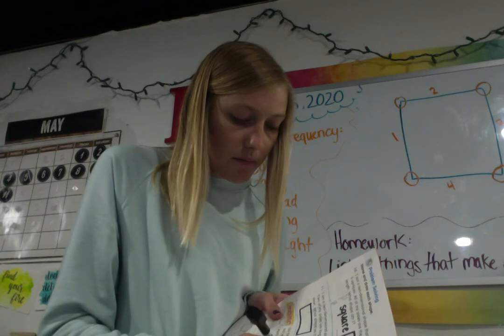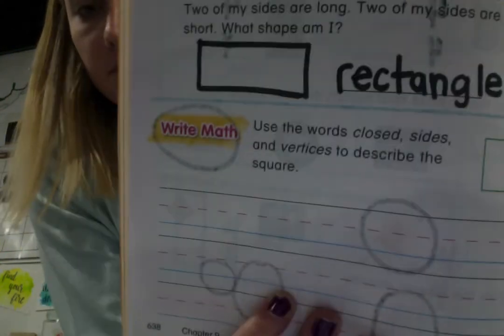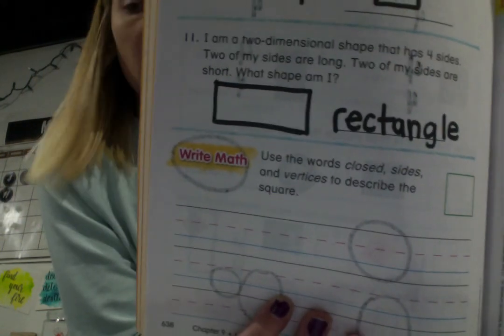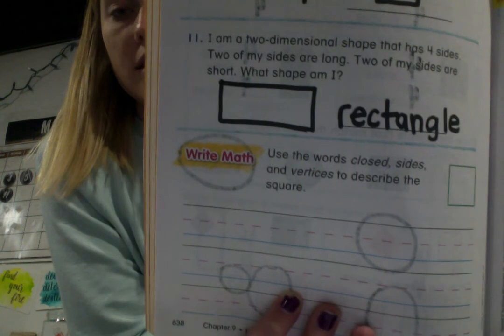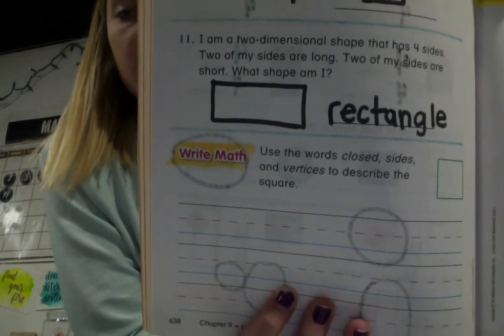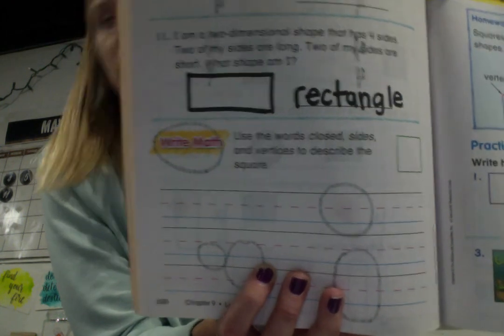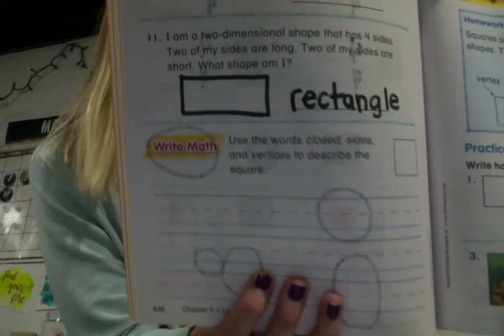Rectangle. It's kind of a long word, but you can go ahead and copy it down. R-E-C-T-A-N-G-L-E.